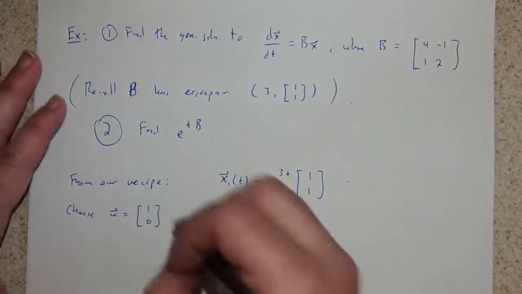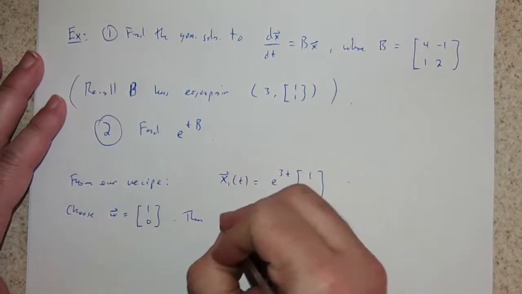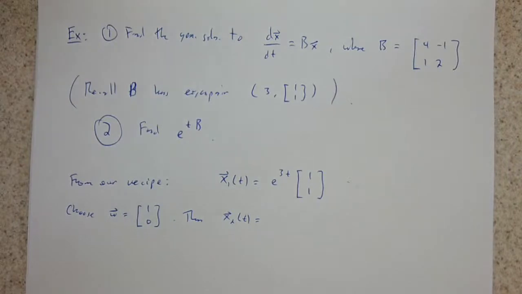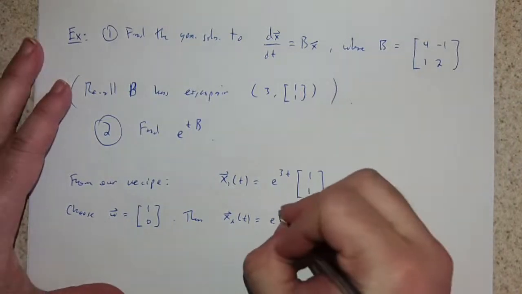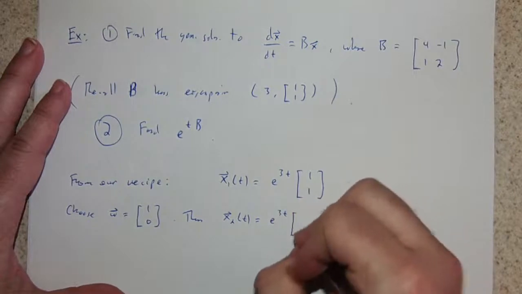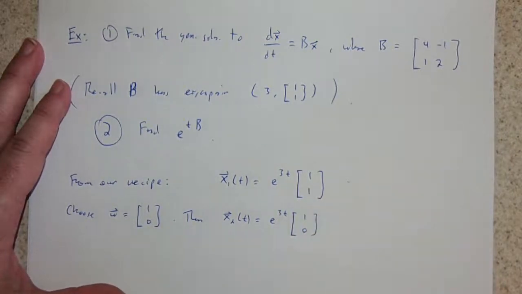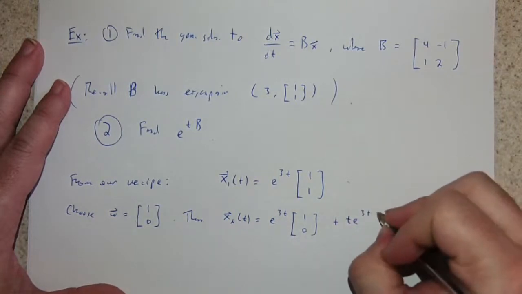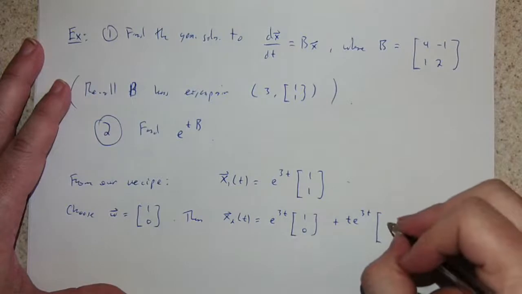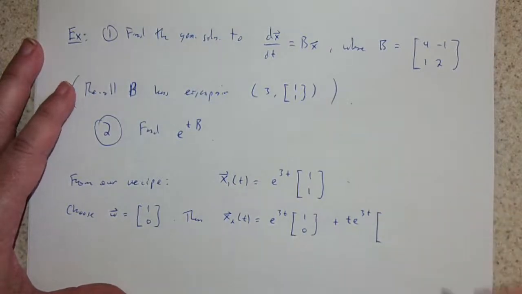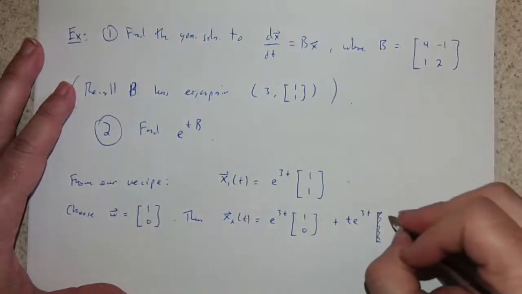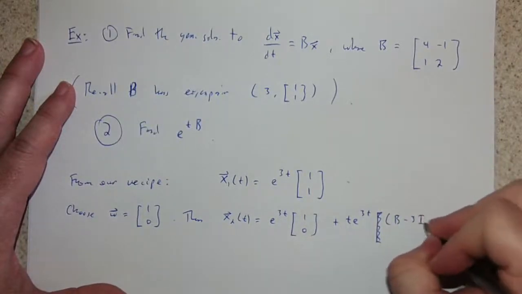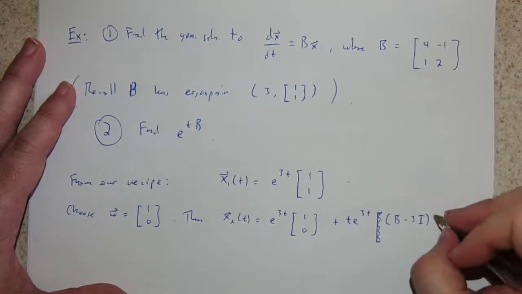Then we can write x sub 2 of t as e to the 3t times w, (1, 0), plus t e to the 3t times B minus 3I times w.